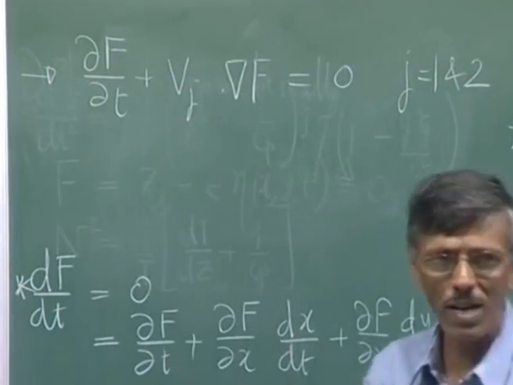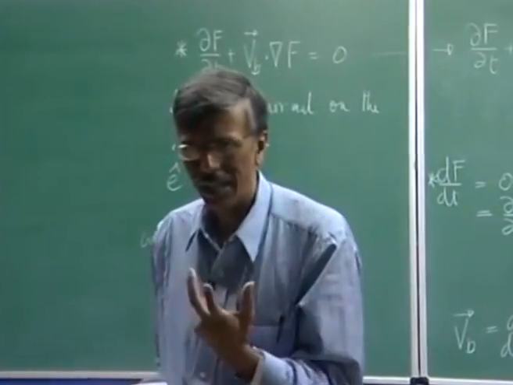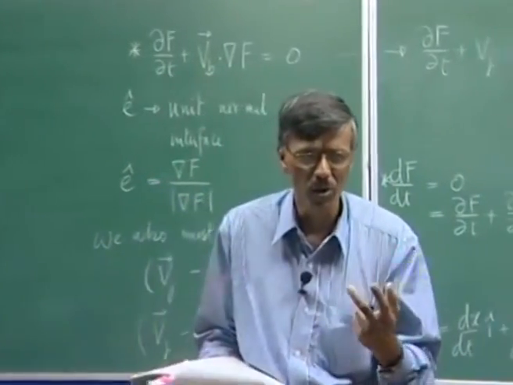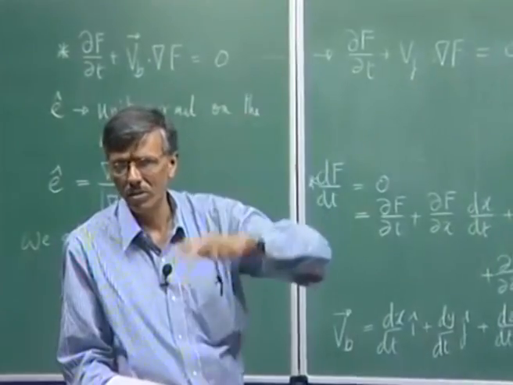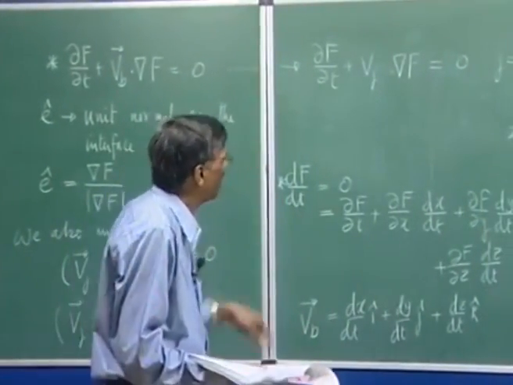So, from one boundary condition we came out with two boundary conditions, because we have to solve the problem on these two different sides of the interface separately. So, we need an adequate number of boundary conditions.